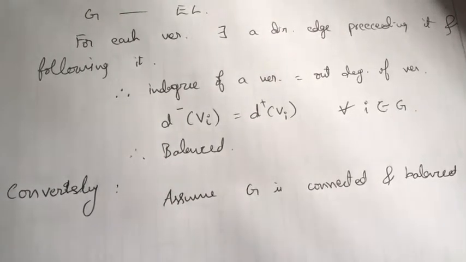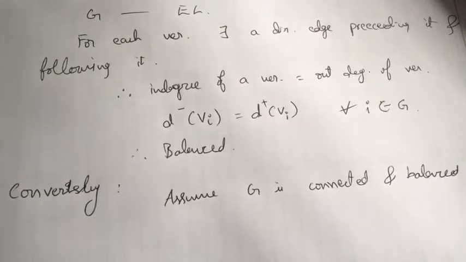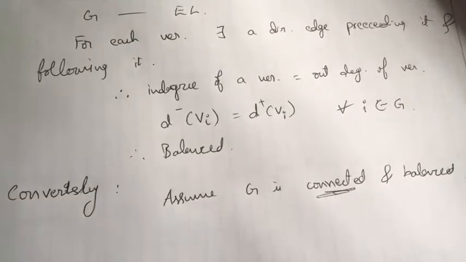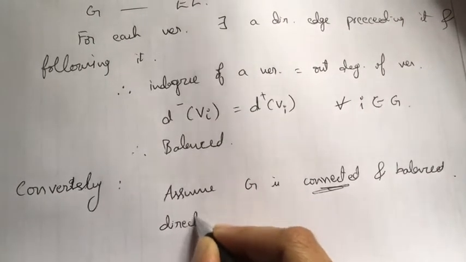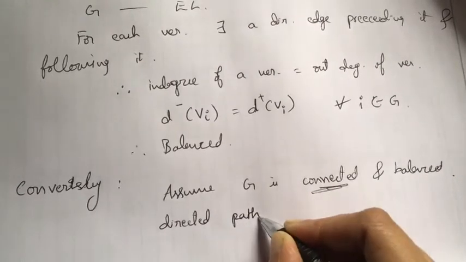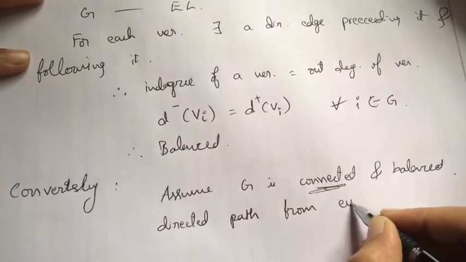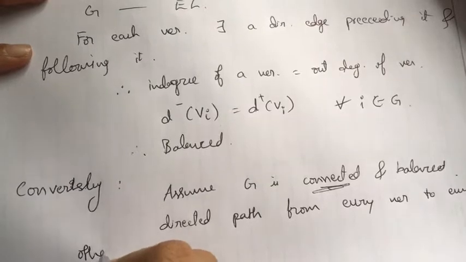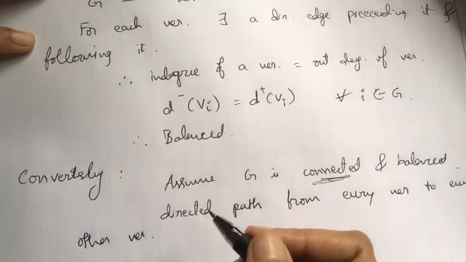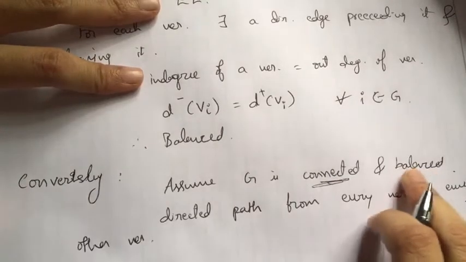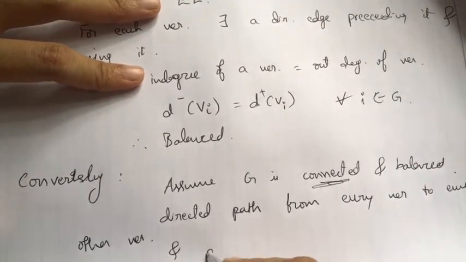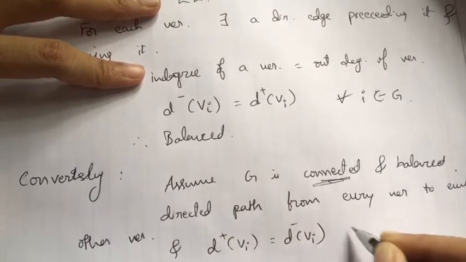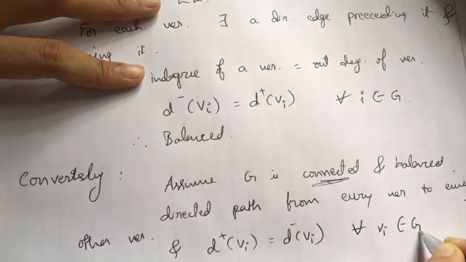Then there is a directed path from every vertex to every other vertex, right? And since it is balanced, I can say d plus of Vi is equal to d minus of Vi for all Vi in my graph G.